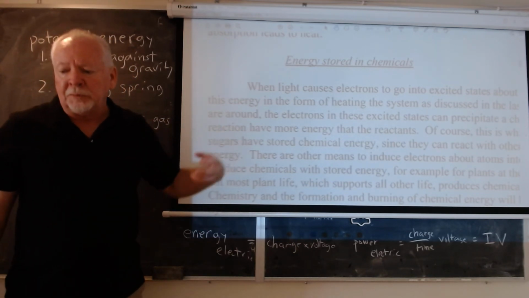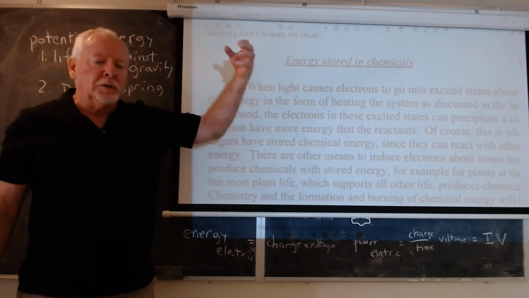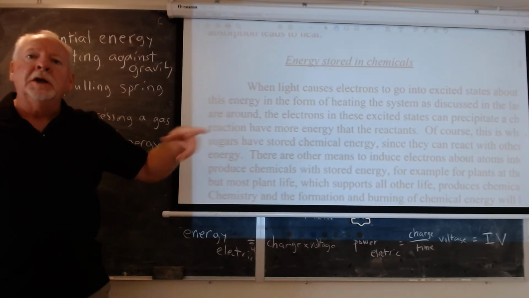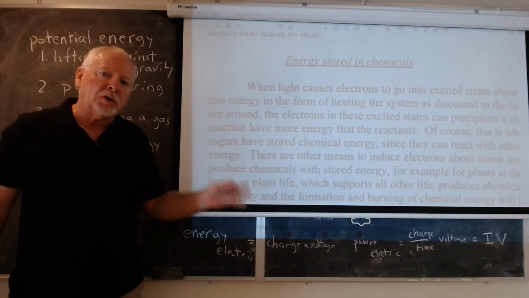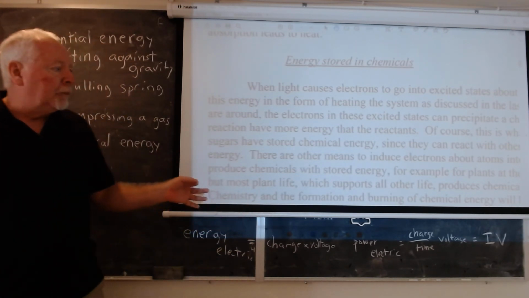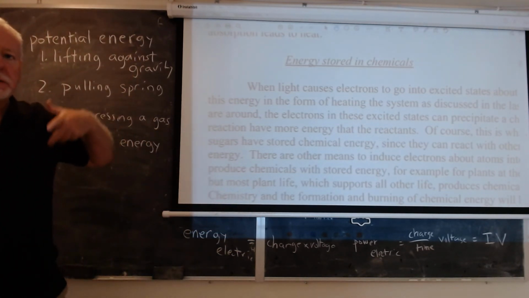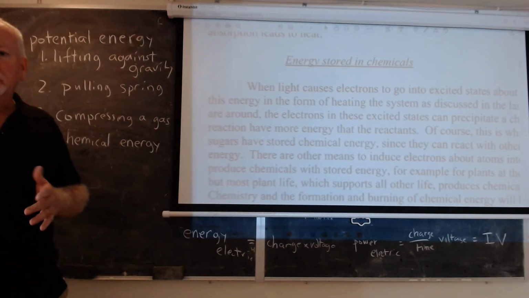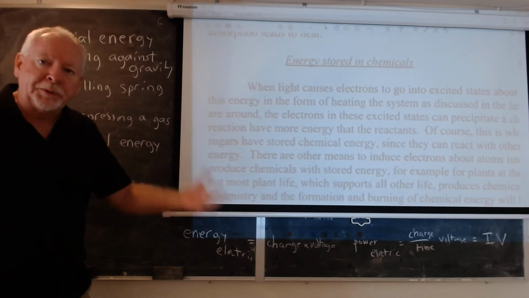Basically, an electron on the molecule goes up higher in energy, and that can induce a chemical reaction that uses that excited state to form a chemical product that has a higher potential energy.